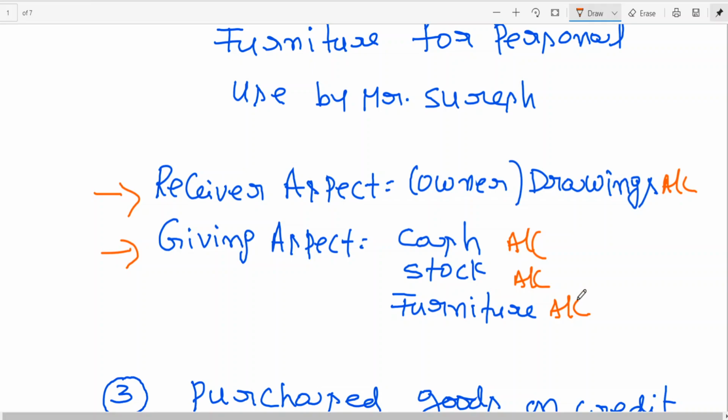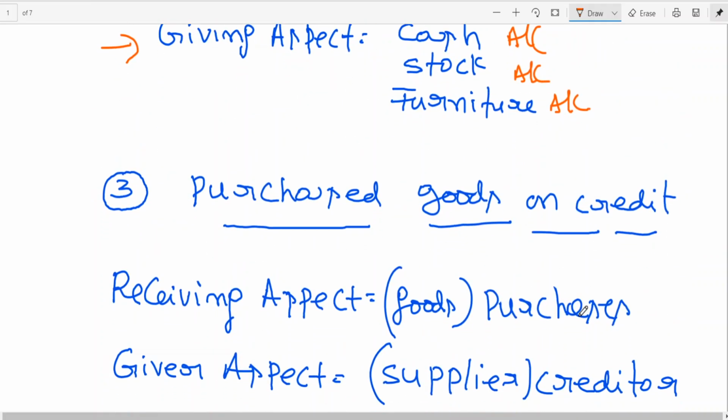Okay, let me take this example. Purchase goods on credit. Suffix A by C. Come on, how many aspects? 2 aspects. How many accounts? 2 accounts. In some transactions you may have 2 accounts, that means minimum 2 accounts. For every transaction, minimum 2 accounts. Aspects 2, accounts may be more than 2. Please try to understand. Aspects are 2 only, accounts may be 2 or more than 2. But the minimum must be 2.